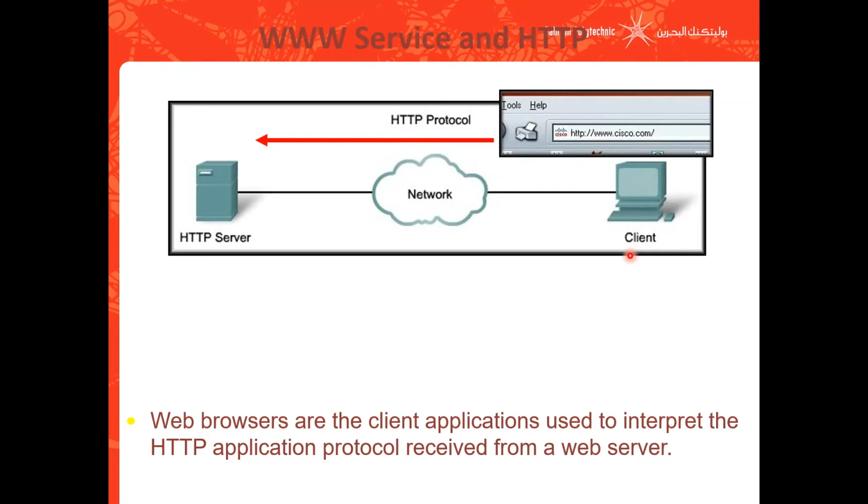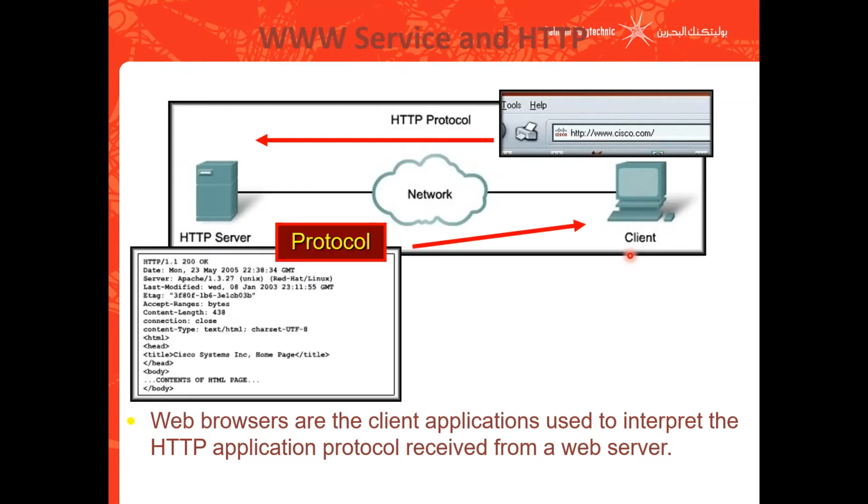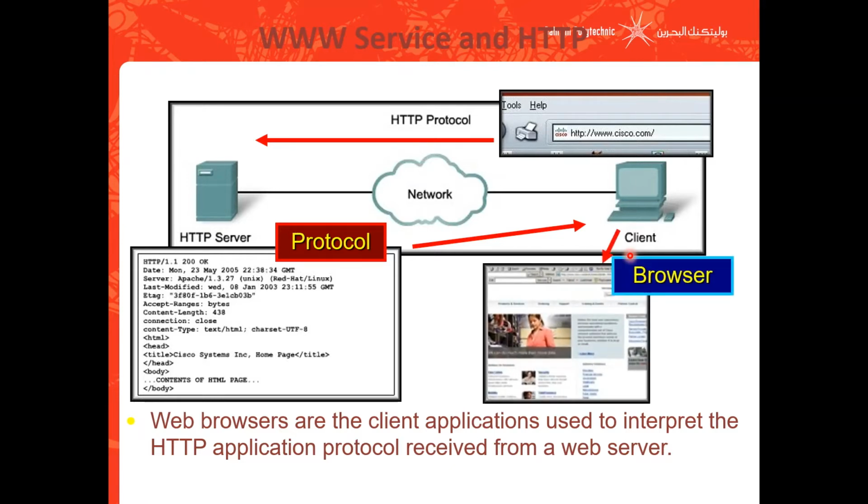This will get resolved to the IP address of the HTTP server, and then you would connect to the HTTP server, which would return back to you the code for the web page that needs to be displayed in HTML format. And once your browser interprets it, you will be able to view the website.